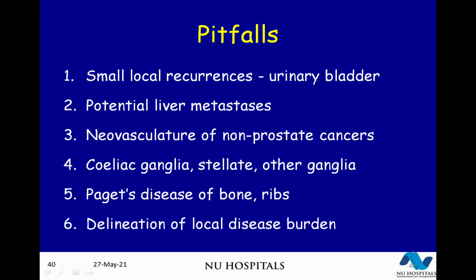And in Paget's disease of bone and ribs, as we discussed before, the sclerosis and the activity seen in that region may not be helpful to have a proper diagnosis with the help of a PSMA PET scan. So these, I would say, are some of the pitfalls in doing a PSMA PET scan.